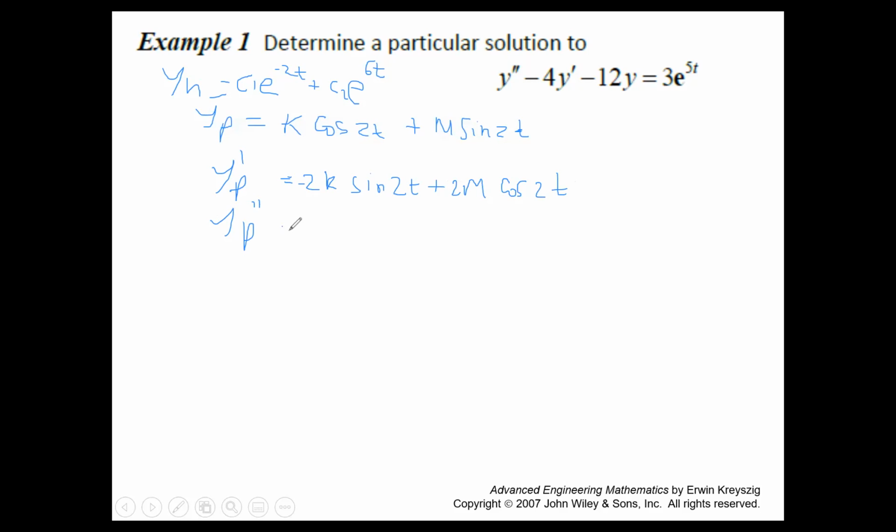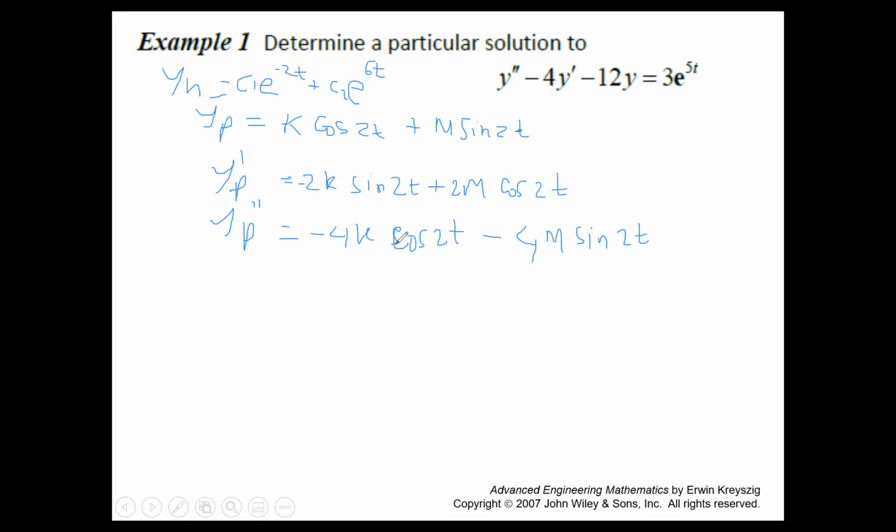And for YP double prime, it becomes negative 4K cos 2t, and this becomes negative 4M sin 2t.